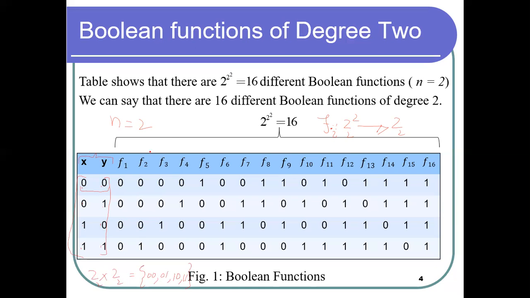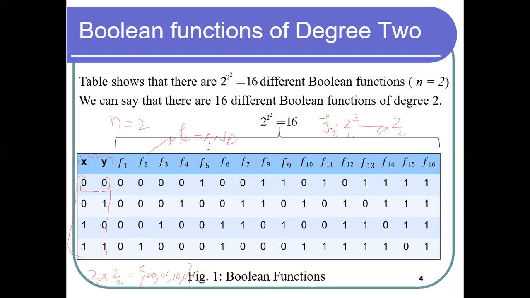So f2 is nothing but a logical gate, which is the AND. The rest are other Boolean functions possible on two input Boolean functions.